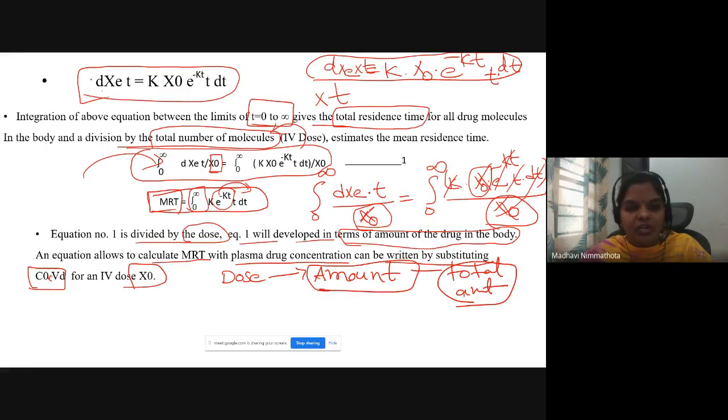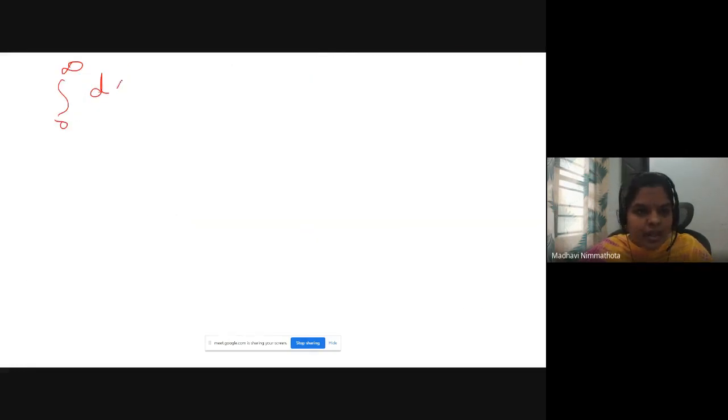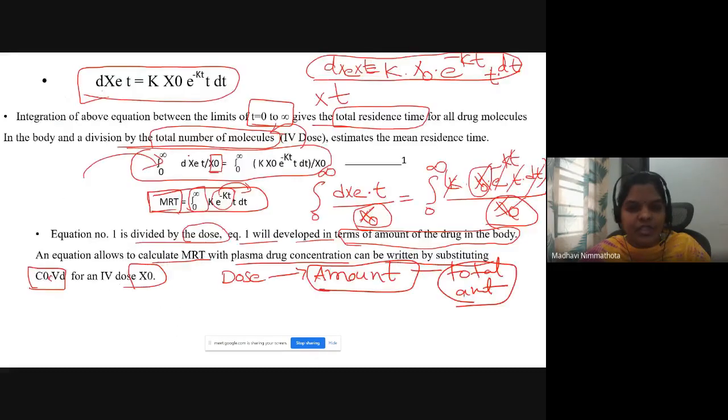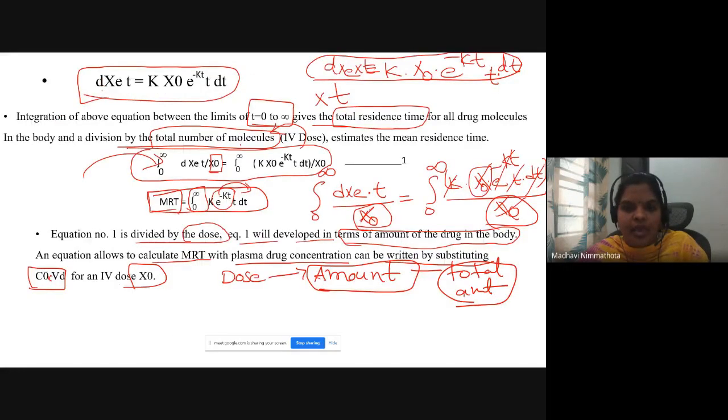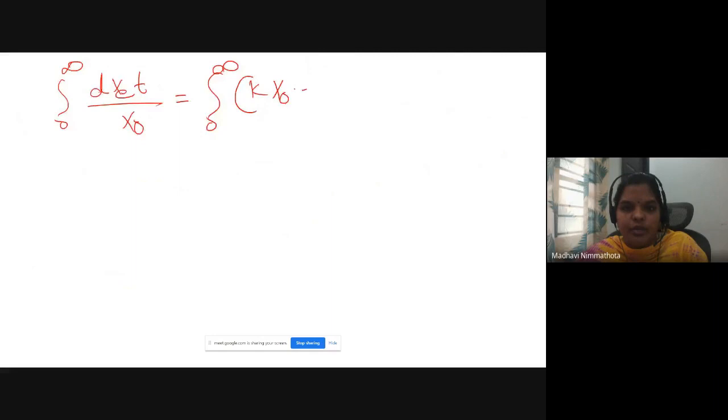First you have to write equation 1, that is the integration from 0 to infinity of dXe/dt divided by X naught, dt, equals the integration from 0 to infinity of k X naught e to the power of minus kt dt.